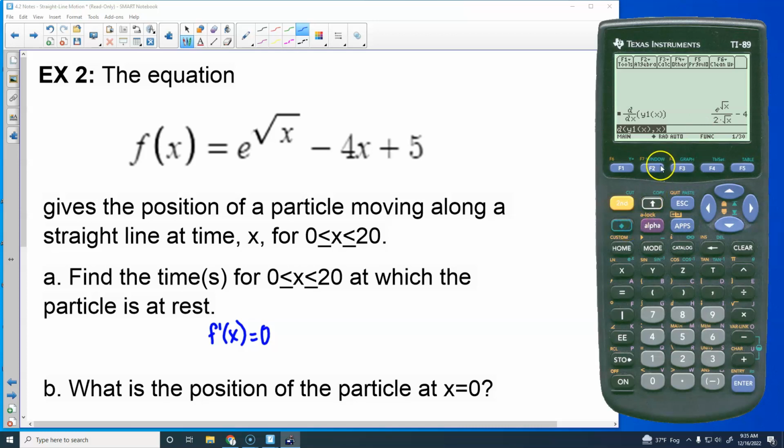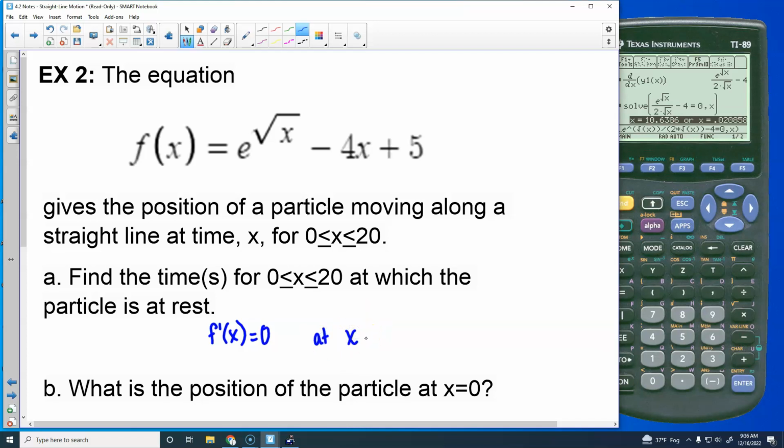Okay. So if we just go to F2, solve, and we're going to go up here and hit enter for that, equals 0, comma, x. It does warn you that more solutions may exist, but if you're unsure, you could go check the graph. But it looks like we got x equals 10.6386 and x equals 0.020858.